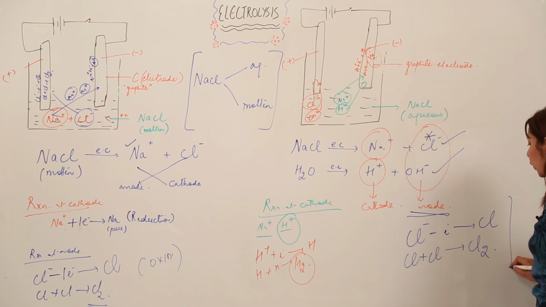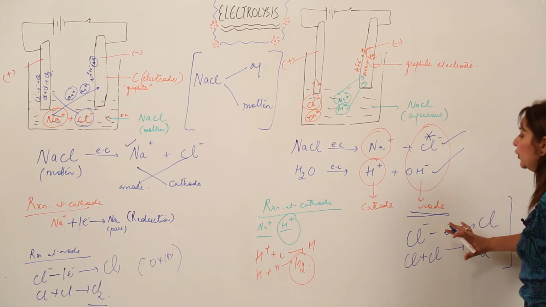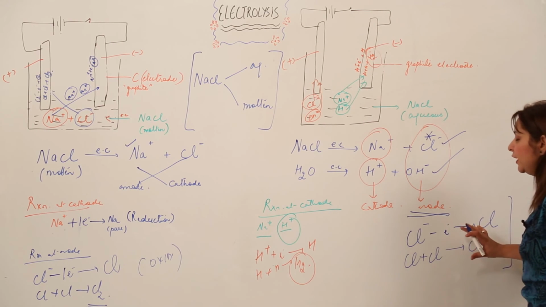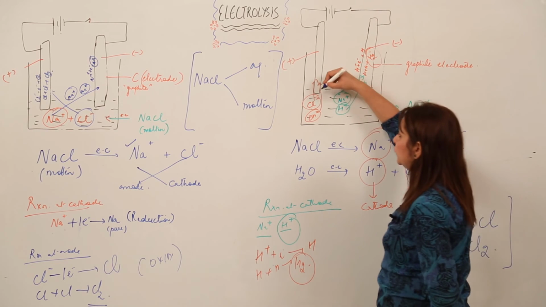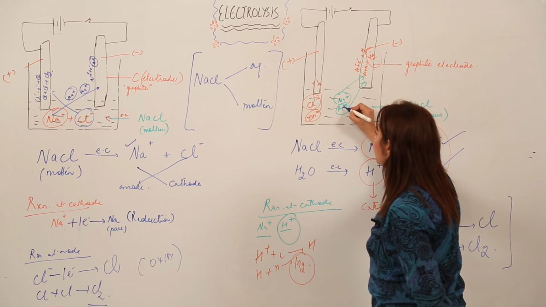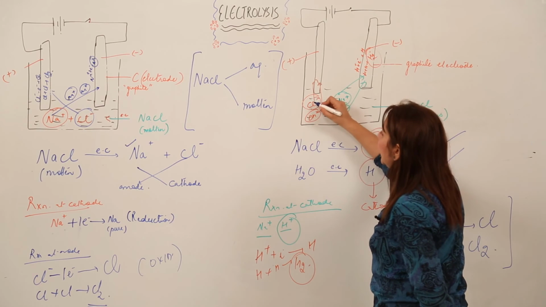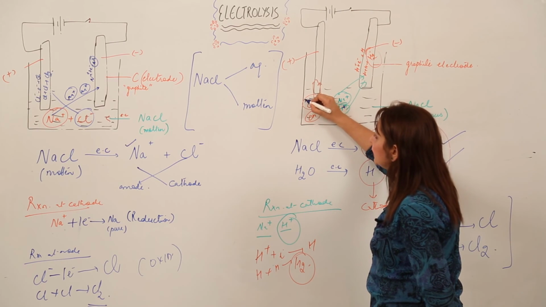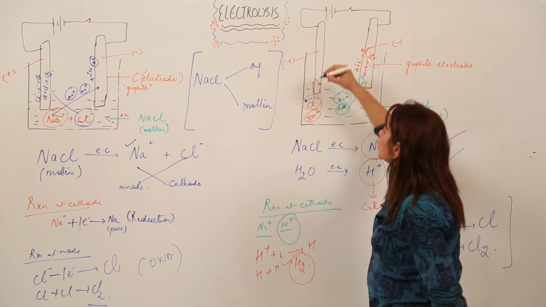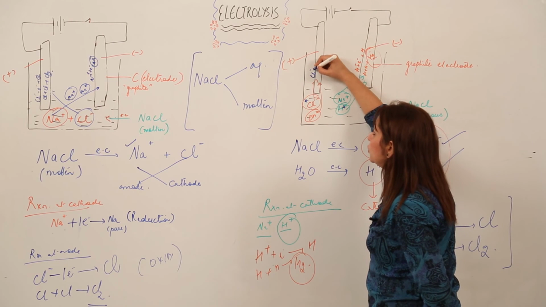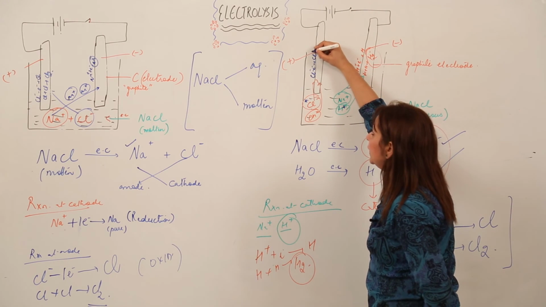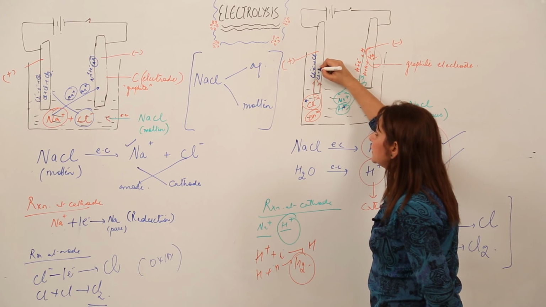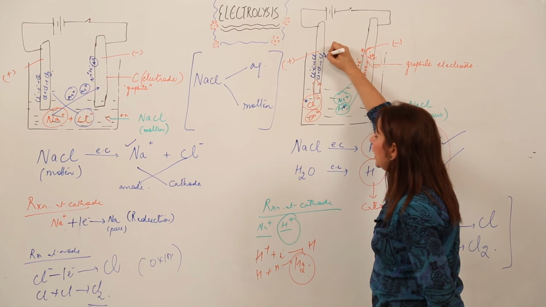This is the oxidation. I am just showing it in the figure as well. Out of them, hydrogen has the lower reduction potential, and out of Cl negative and OH negative, Cl has the lower reduction potential. So this Cl negative will lose an electron, forming Cl, and Cl will unite to form Cl2.